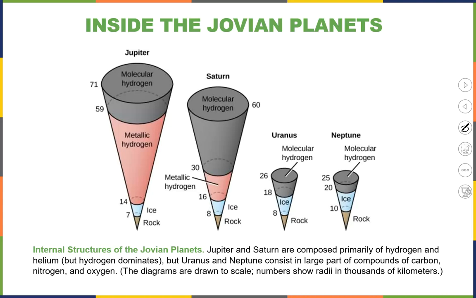They don't have metallic hydrogen. Well, as you heard from that video, they do have magnetic fields, but they have bizarre magnetic fields. The rotation axis is not exactly through the center of those planets, and the magnetic fields are not aligned with the rotational axes.